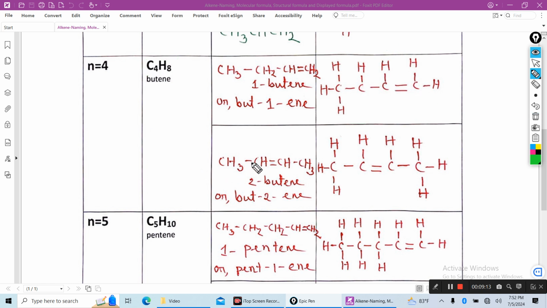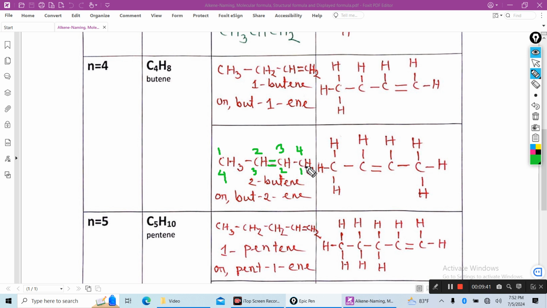Then you give the numbers 1, 2, 3, 4, or you can write from the right-hand side 1, 2, 3, 4. If you count from the left-hand side, the double bond is at the second carbon.